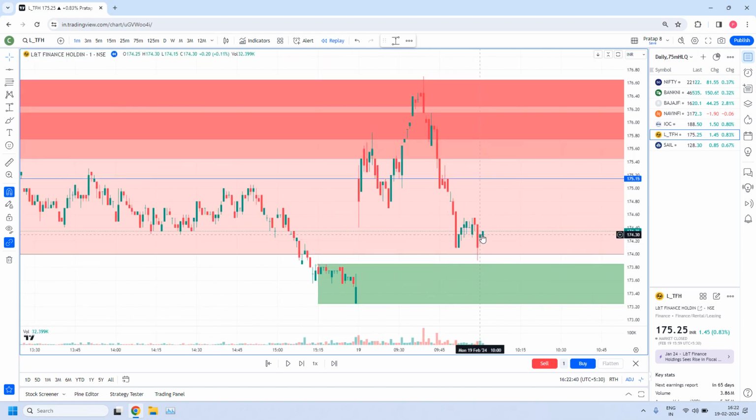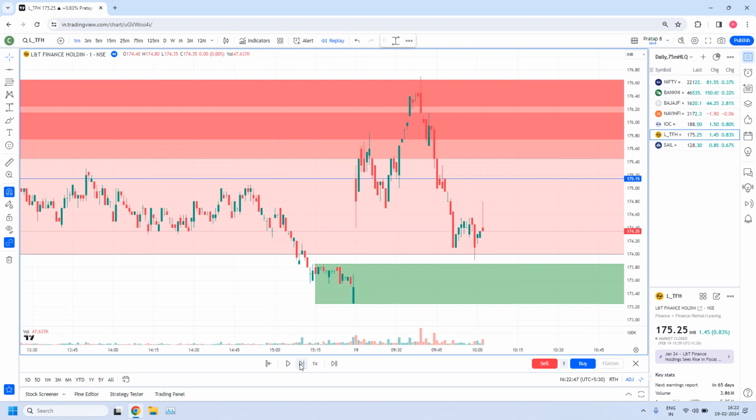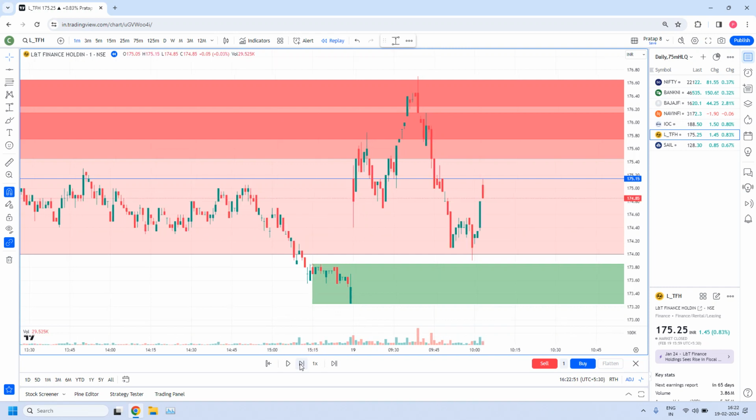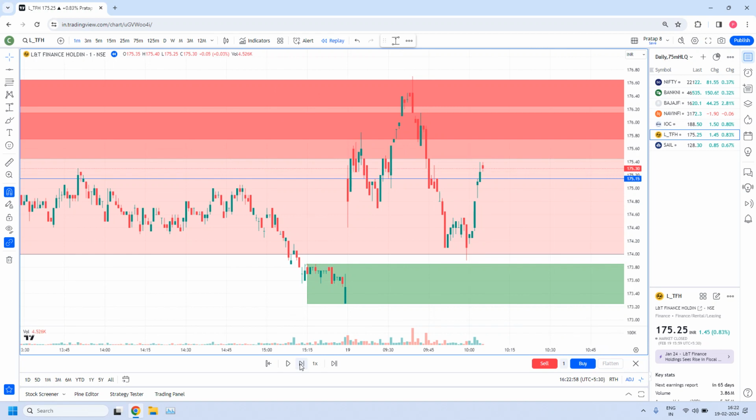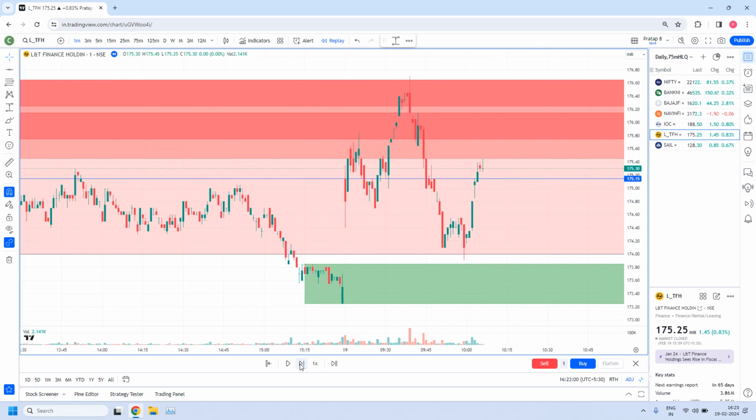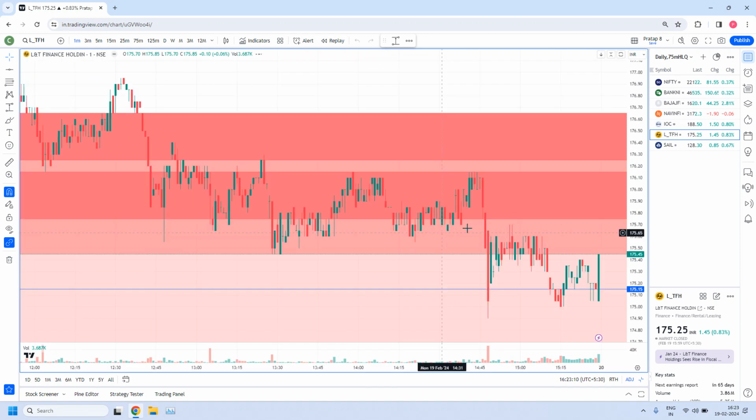See, this is morning 10 o'clock today. After that, let us see candle by candle how it moved. Sorry, I think we have selected a wrong candle. Let me close and add again.